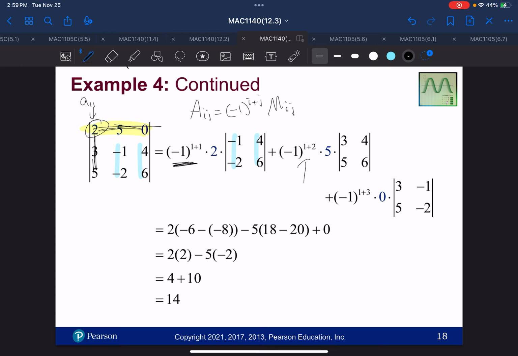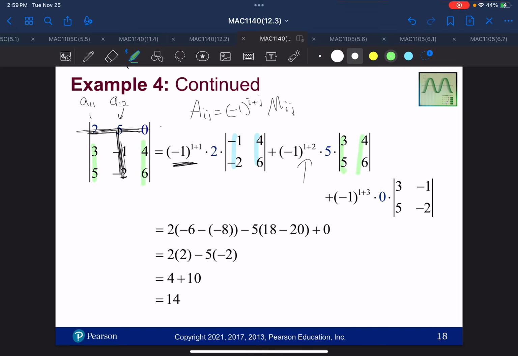This one's going to be negative because now we're moving on to A sub 1,2. So this would be -1 to the 1 plus 2 power, which would be -1 cubed, which would be -1, times 5 times the determinant of the matrix where row 1 is canceled out and column 2 is canceled out, which leaves me with this.